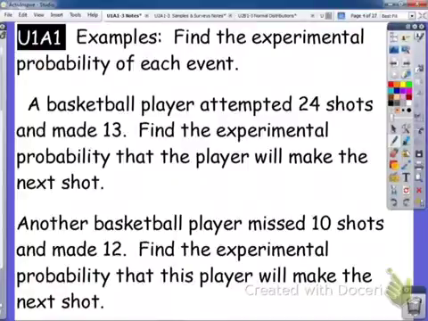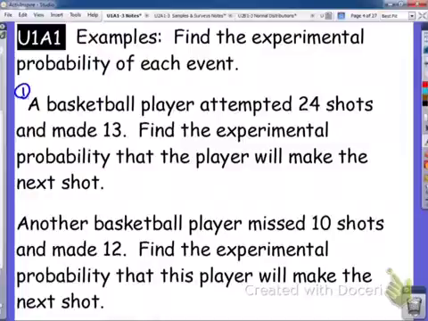Okay, so let's look at an example. Find the experimental probability of each event. Number one, a basketball player attempted 24 shots and made 13. Find the experimental probability that the player will make the next shot.